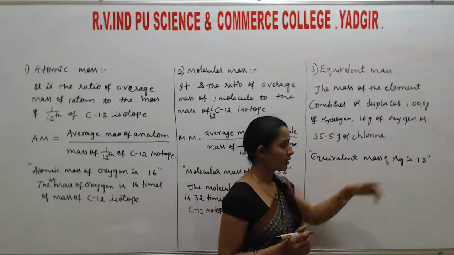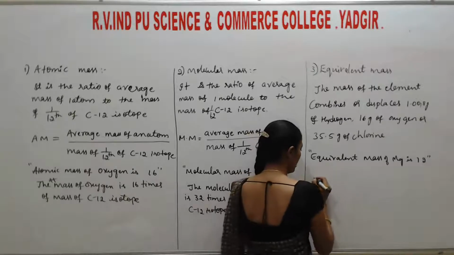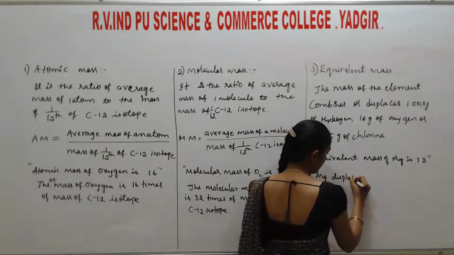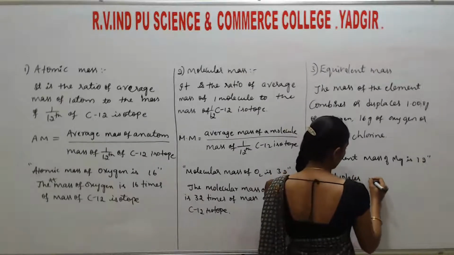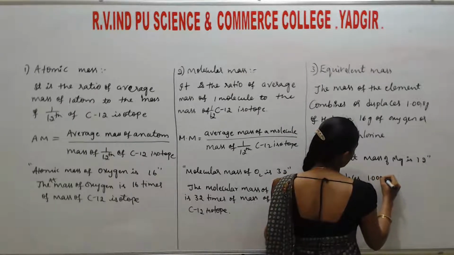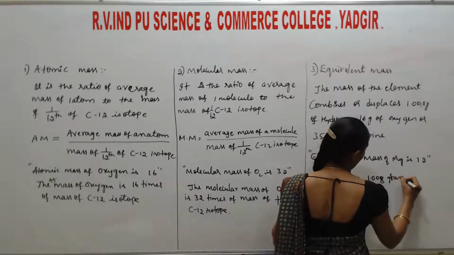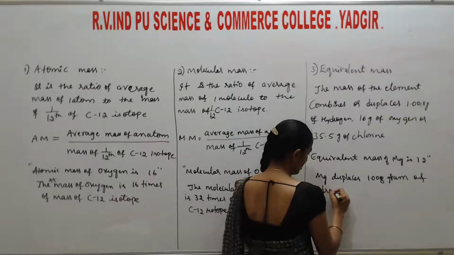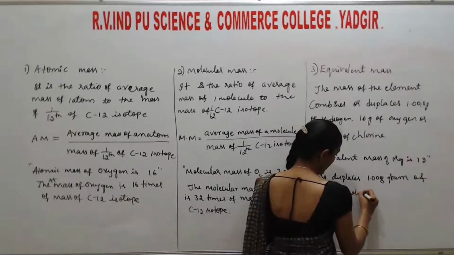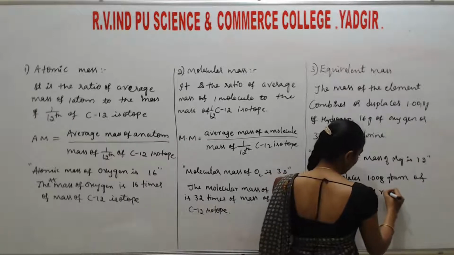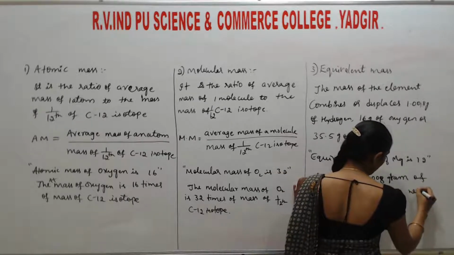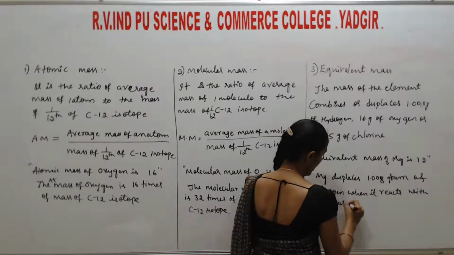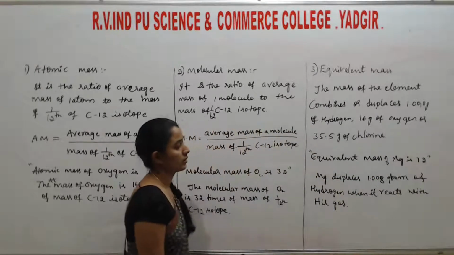The magnesium displaces 1.008 gram of hydrogen when it reacts with HCl.